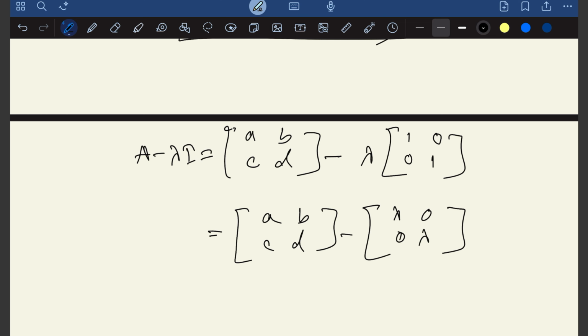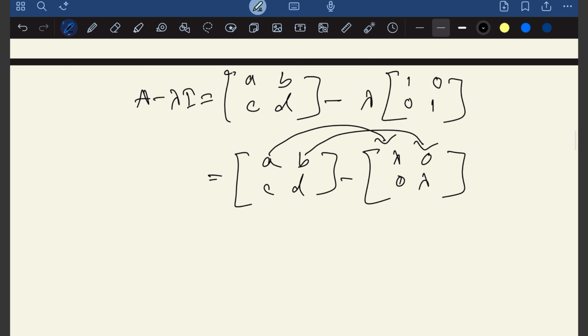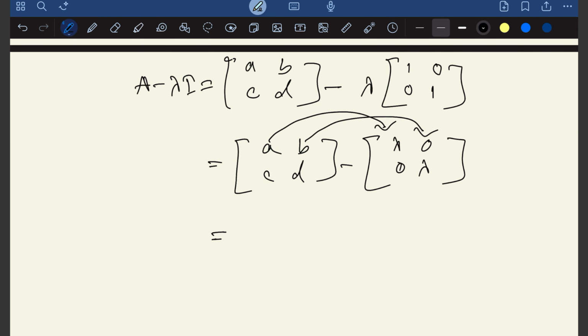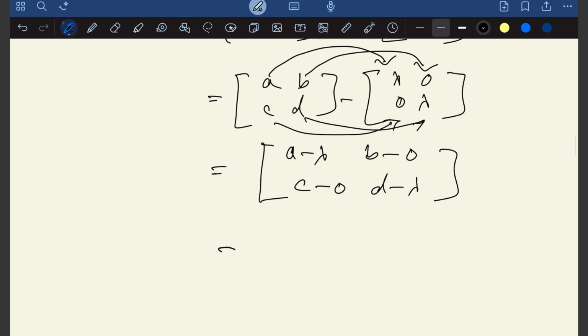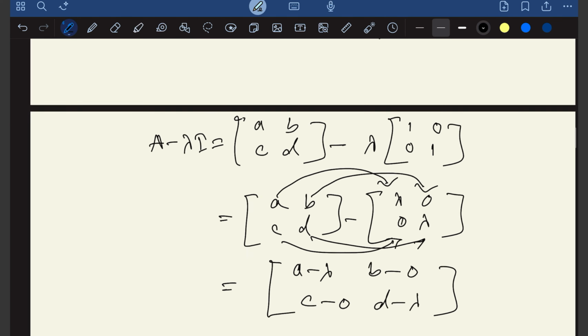Then I subtract element by element: a minus lambda, b minus 0, c minus 0, and d minus lambda. This is the way of subtracting one matrix from another. So the matrix is a minus lambda, b, c, d minus lambda. This is A minus lambda I.